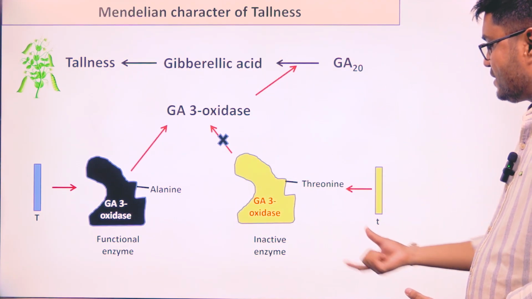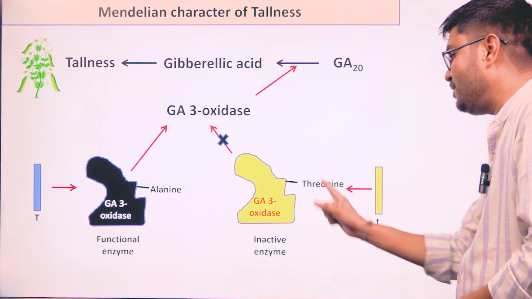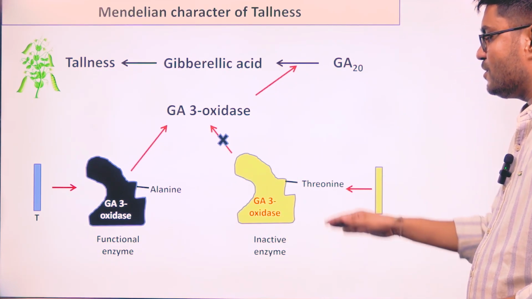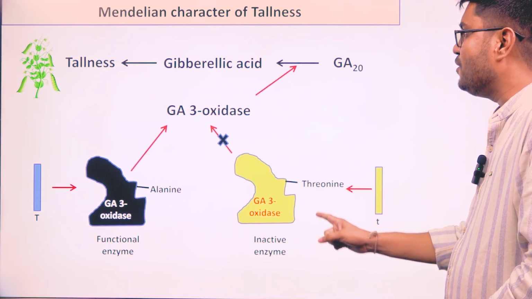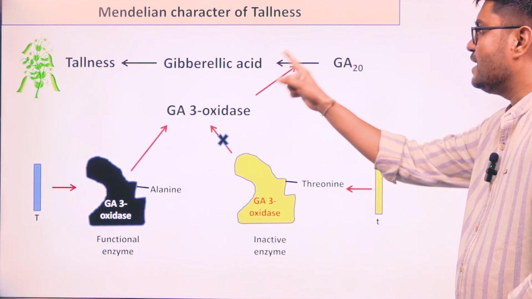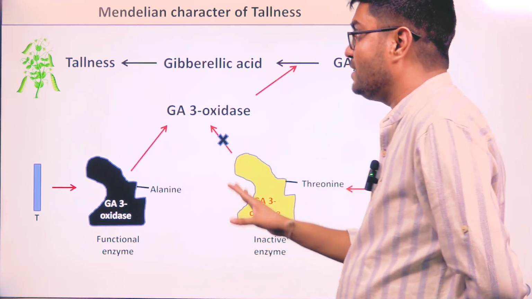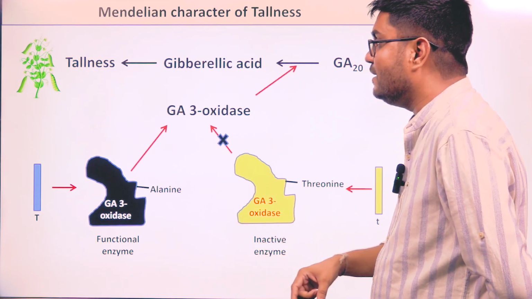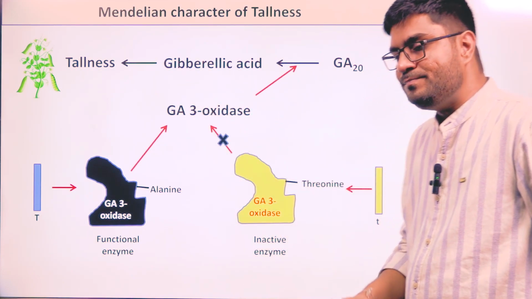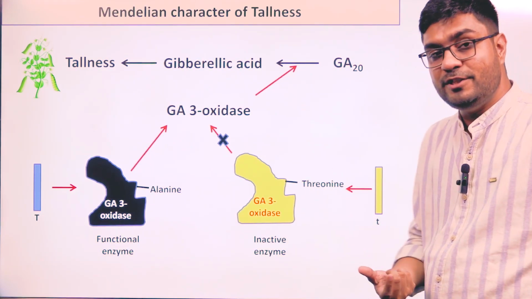But the protein coming from the recessive allele has threonine instead of alanine. Because of that, the activity of this enzyme goes down drastically and it cannot catalyze this reaction. That is why tallness is not coming. So this is the biochemical, protein-based explanation of why the dominant allele gives us tallness and why the recessive allele gives us dwarfness.